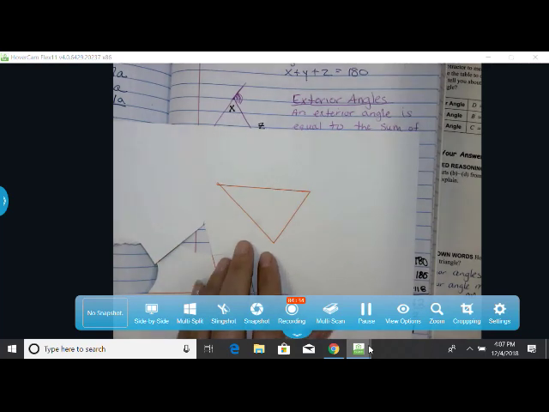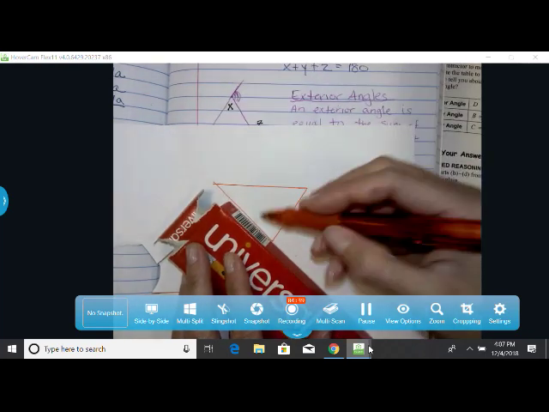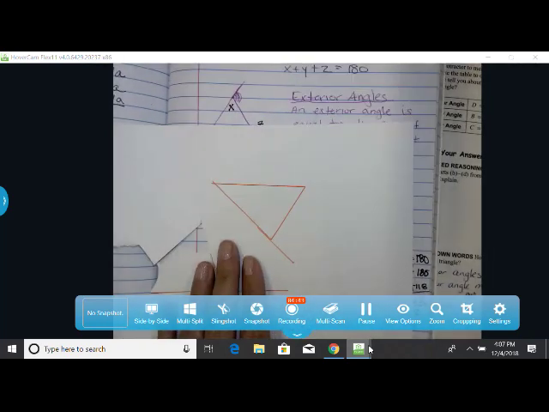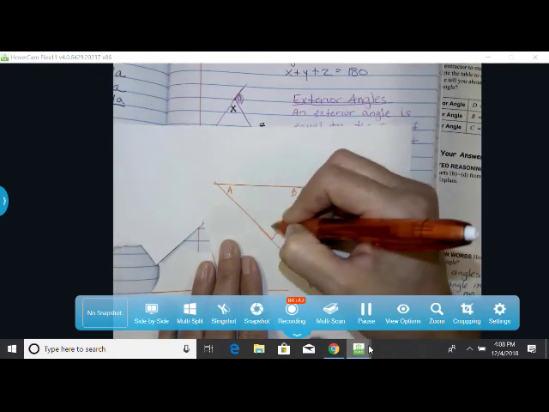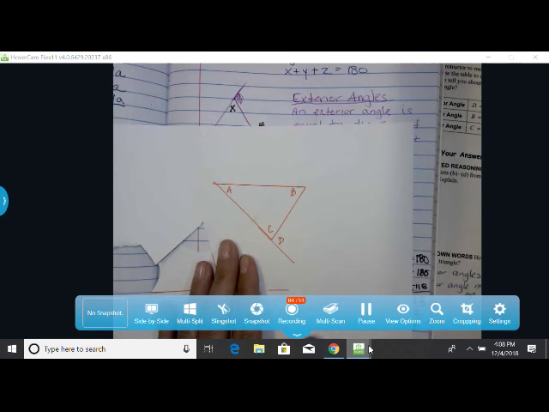And I'm going to extend one of those side lengths. I'm actually just going to extend this one down here. So you can see I have angles A, B, C, and D: 3 interior angles and an exterior angle.